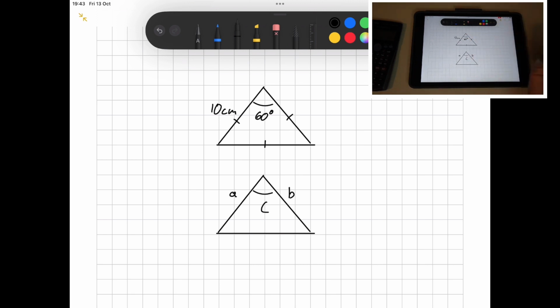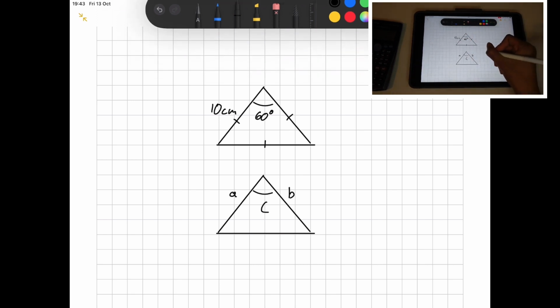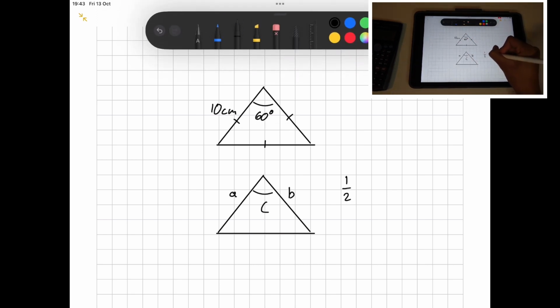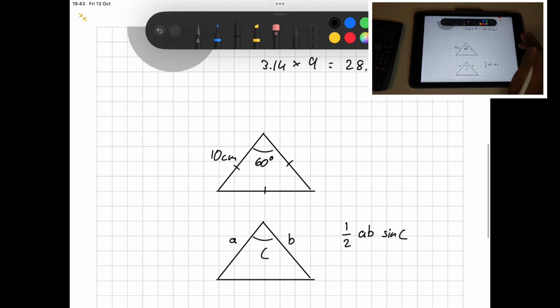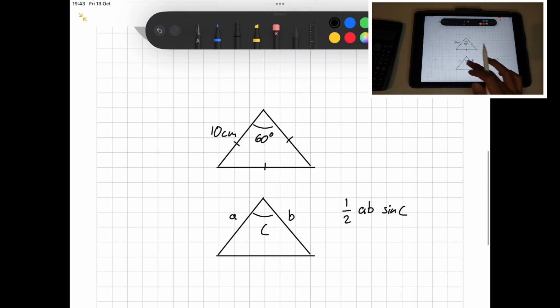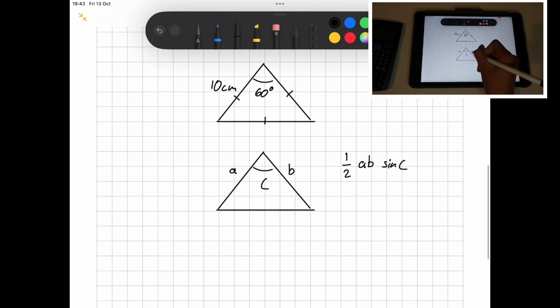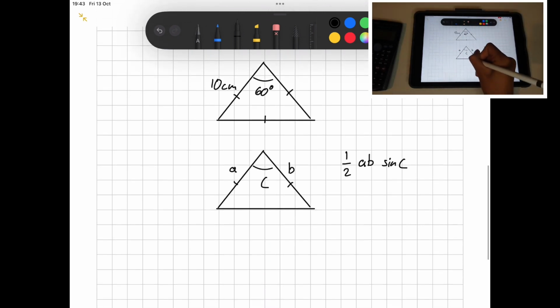I've done this weirdly, sorry, but the equation is half ab sine C. So C should be a capital. That C looks weird. So in this scenario, A and B are the sides. Sorry, I missed out a small detail.